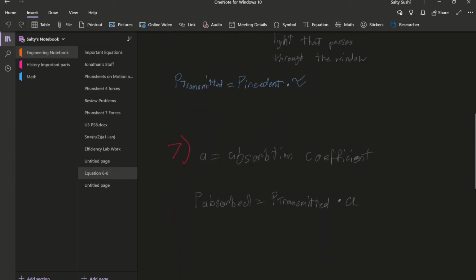Now in equation 7, we are given A, or the absorption coefficient. So a black shirt or black leather seats in a car are obviously going to absorb a lot more heat than a reflective surface like white would.